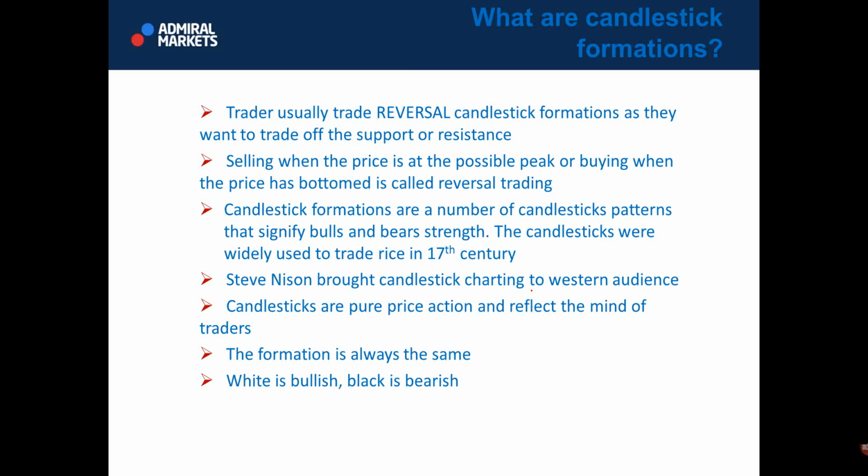Candlesticks are pure price action and reflect the mind of traders. They reflect traders' decisions. They reflect traders' opinions. So basically, looking at Japanese candlesticks is a very good method to see whether the price will go bullish or reverse, or maybe it will show you just the momentum of the trend. So if you see this candle to the upside, you know that the momentum is very strong, of course.